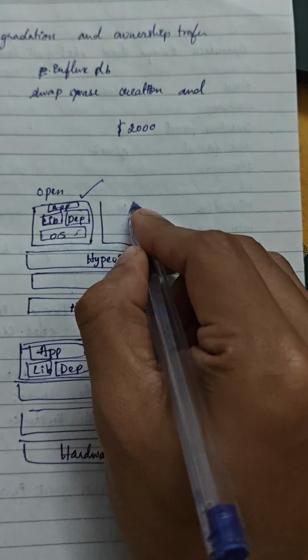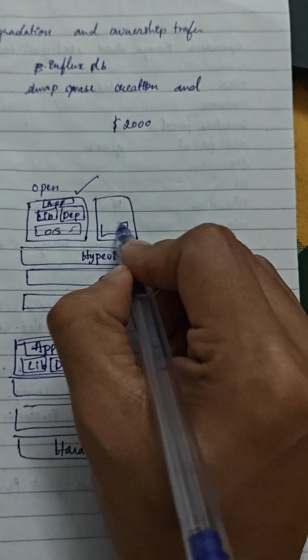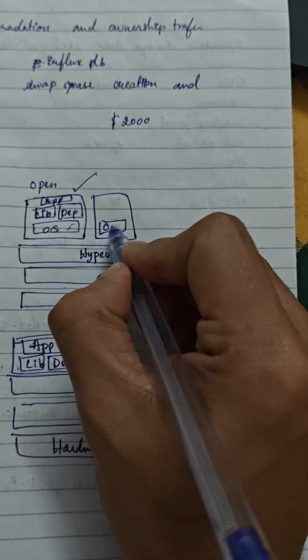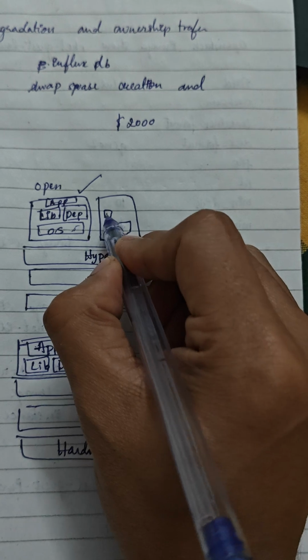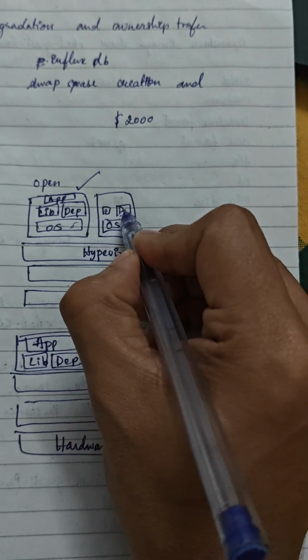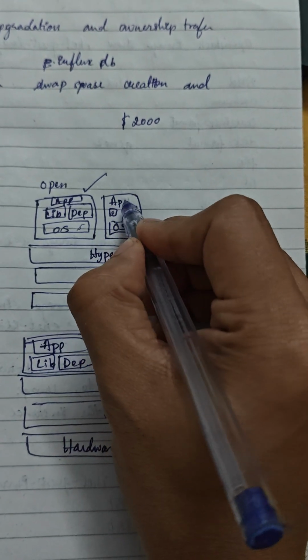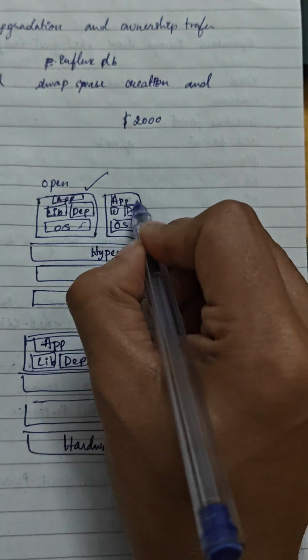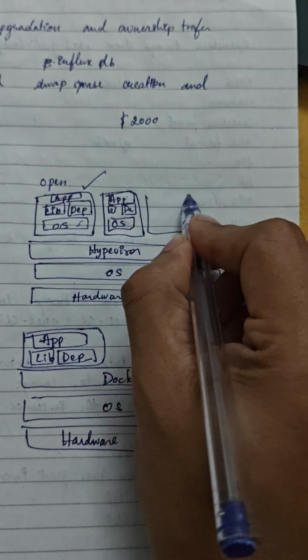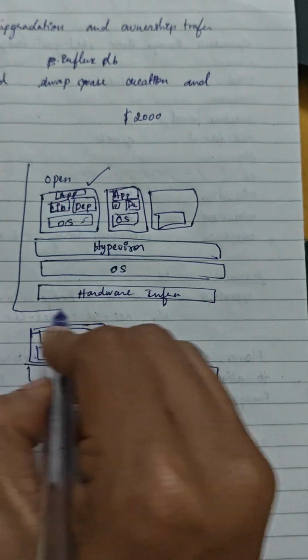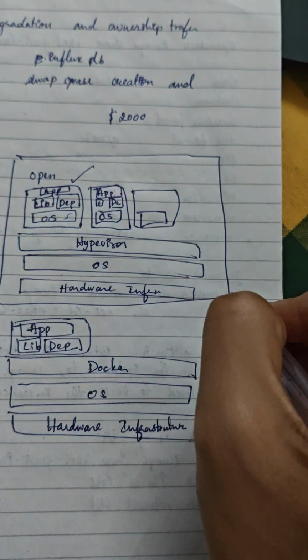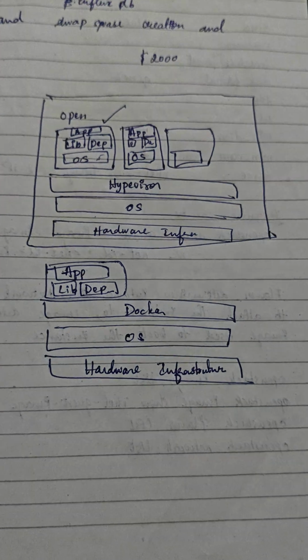After deploying, we can have many VMs over the hypervisor. Each VM has its own OS, libraries, dependencies and the application that you can deploy in it. You can have many VMs. This comes with the virtualization part.